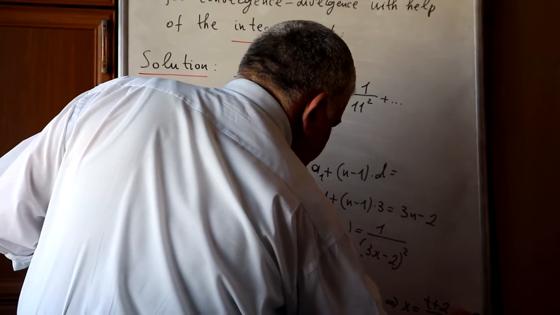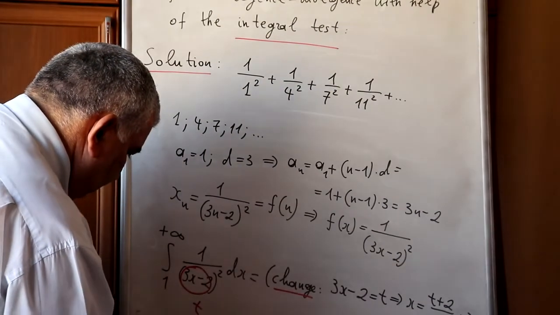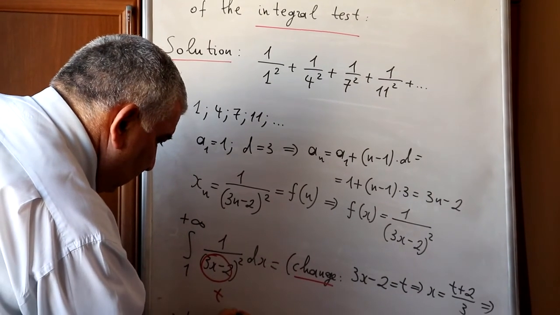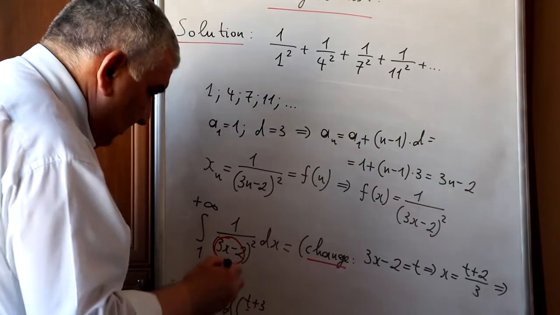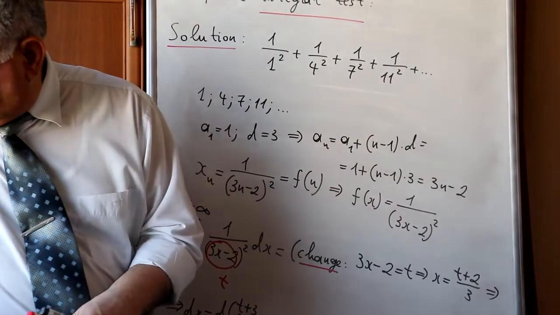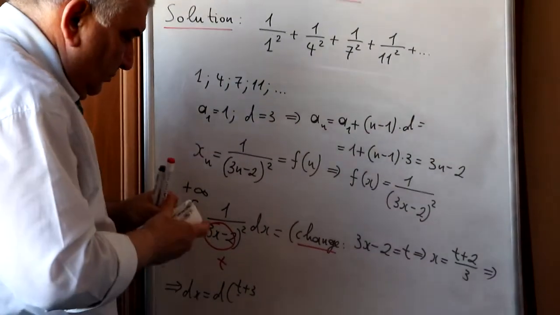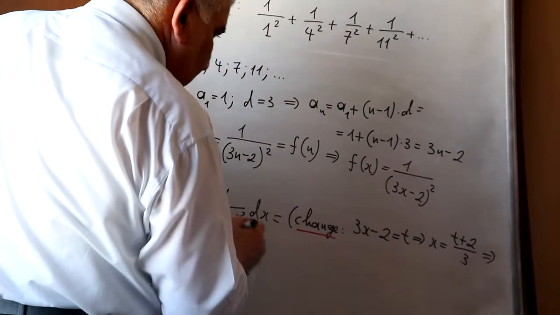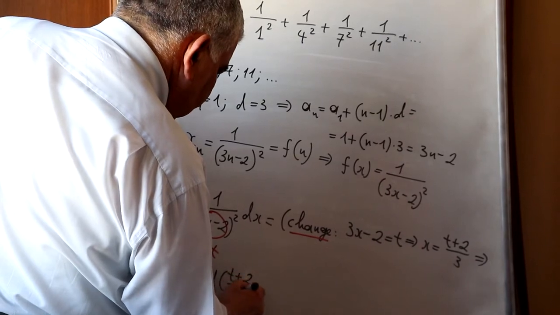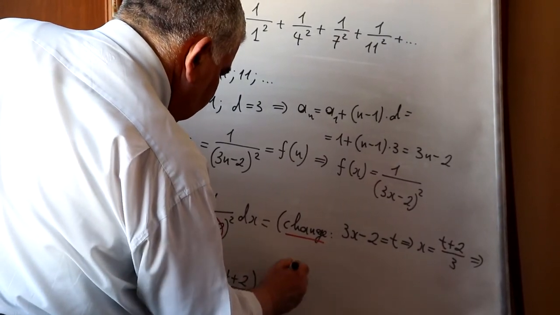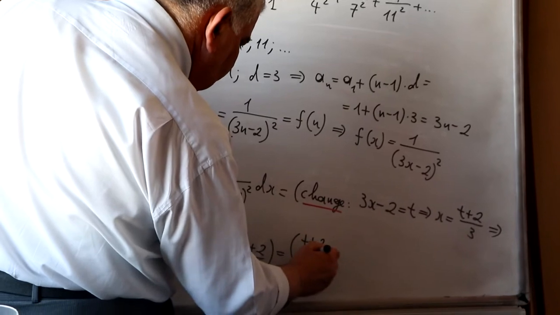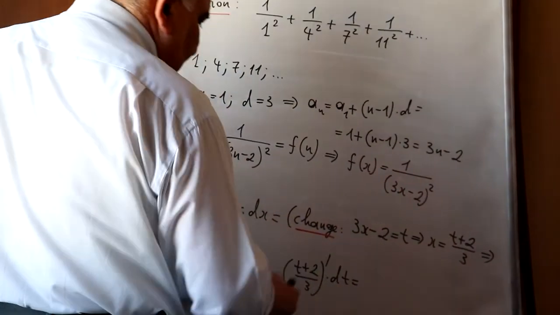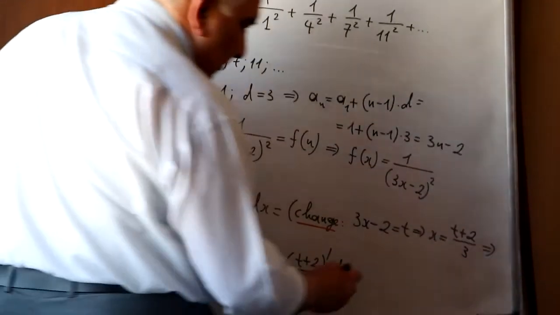Then find dx. dx is d of t plus 2 over 3. It is t plus 2 over 3 prime multiplied by dt. The derivative of this expression is 1/3 dt.